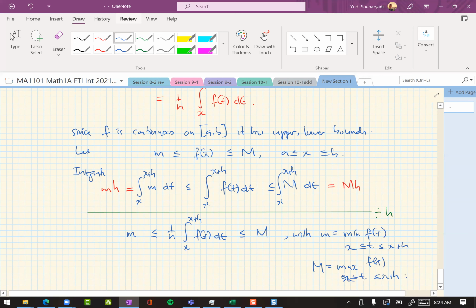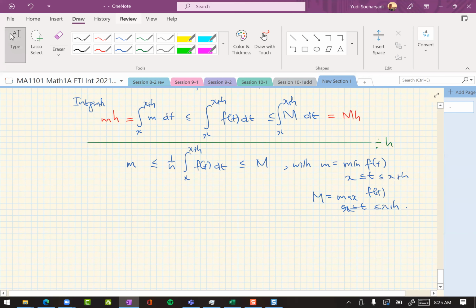And now let's take the limit. As f is continuous, if you move this here, it goes to 0, right?